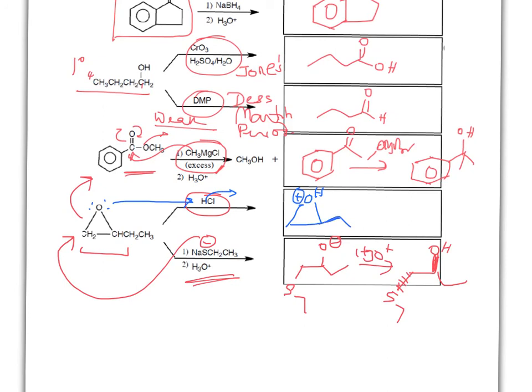And now you have to think about how will the ring open. And so hopefully you can see that if bond A breaks, then it's going to lead to a primary carbocation. If bond B breaks, then it's going to lead to a secondary carbocation. And so since the secondary is more stable, you're going to end up with an OH.